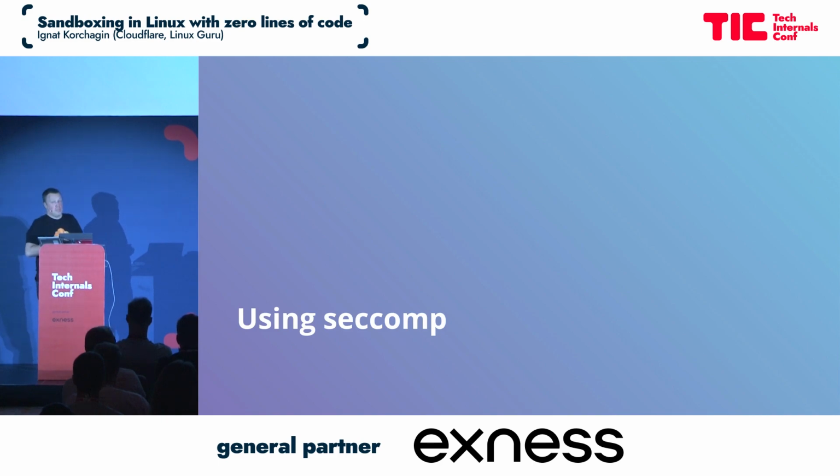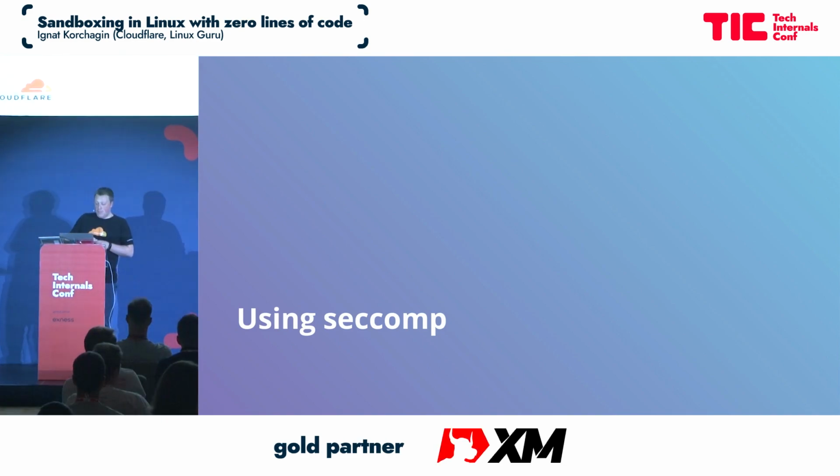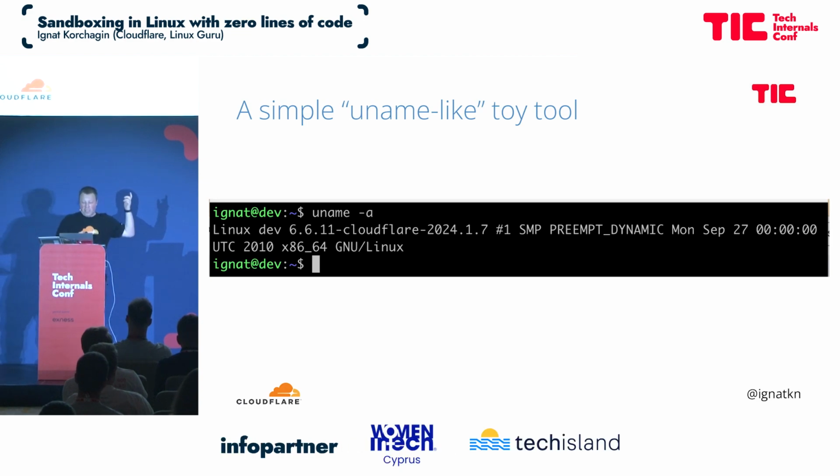So how to use seccomp? Everyone here knows what the uname command does on Linux and Unix systems, right? You can just request the operating system information. It's a very simple system call which just copies a string from the kernel to user space, right?